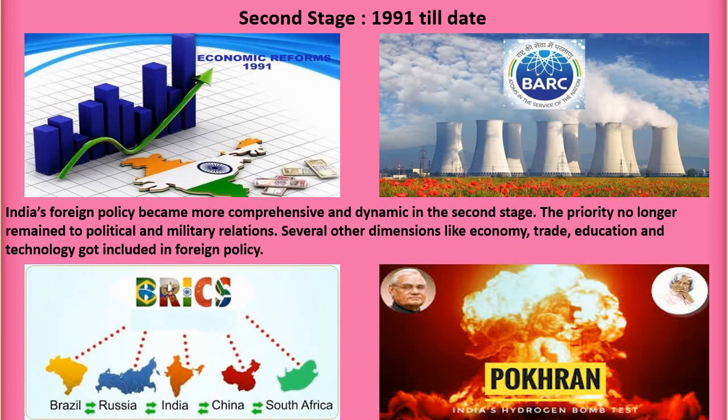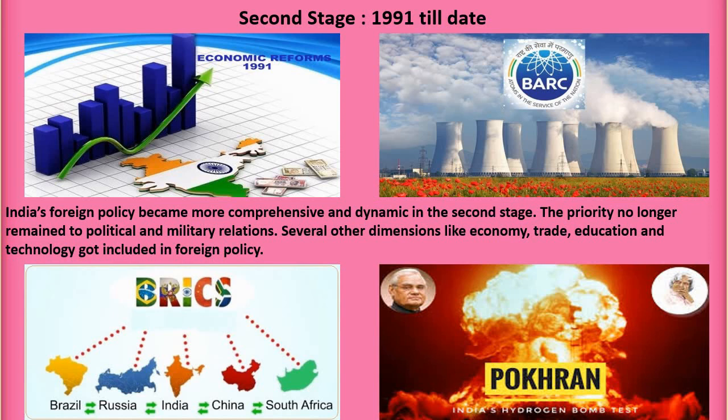Students, in the second stage of India's foreign policy, our relations with America also strengthened. Mutual trust grew. India's status rose in the international community. Students, India's nuclear policy is also one of the important parts of our foreign policy.